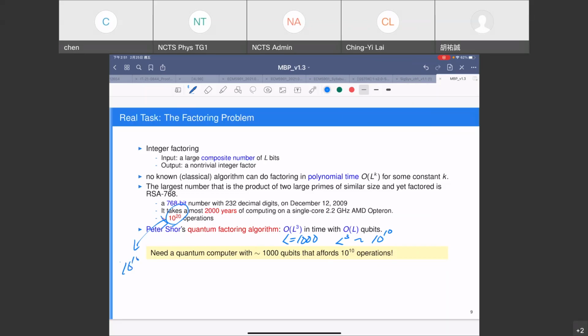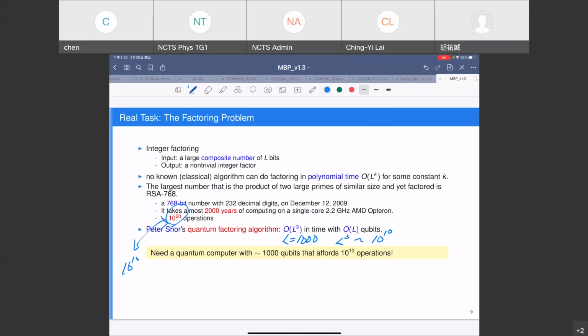So if we have a quantum computer with 1,000 qubits, and if the quantum CPU is around gigahertz, this factoring can be done in like 10 seconds, right? So this is a very impressive result. So we need a quantum computer with like 1,000 qubits that can afford 10 to the 10 operations. So far, so good.